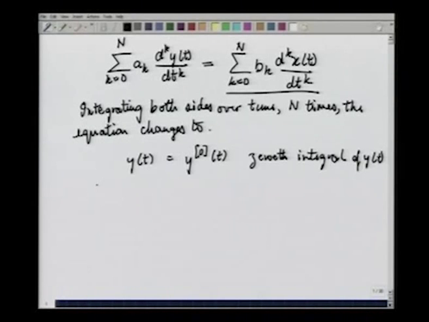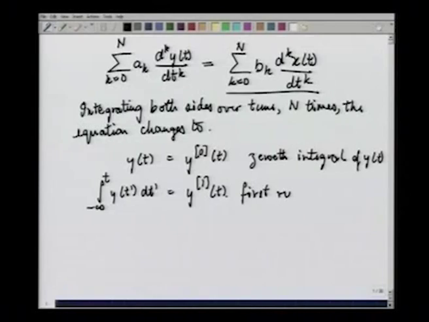The first integral would be integral minus infinity to t of y t dash dt dash, which I will call y 1 of t. This is the first running integral of y t against t.